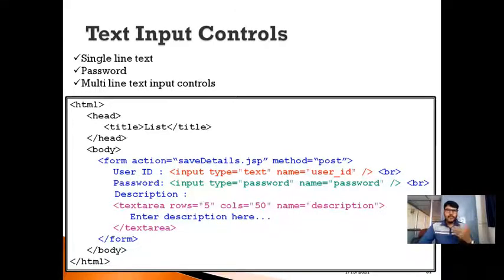Whatever controls we are going to place, it might be a text input control, or a password input control, or checkboxes, radio buttons, select box, whatever it may be, without a form tag, I cannot directly include these input controls.